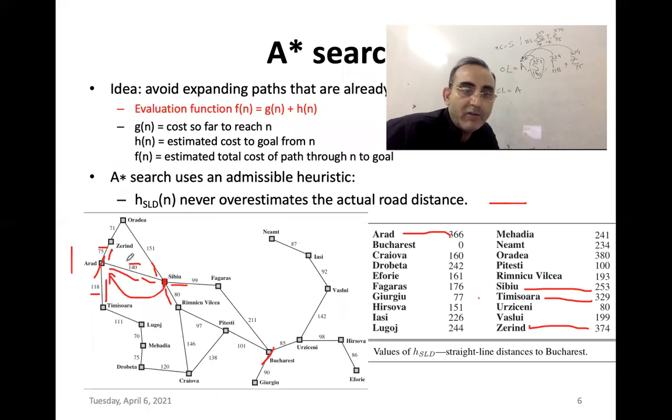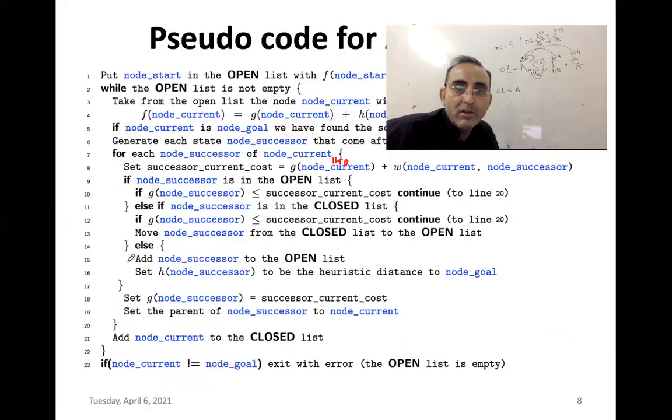It is again 140. So 140 plus 140 gives 280 as the current cost of the successor, Arad.